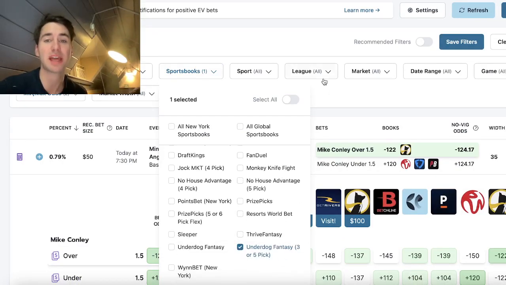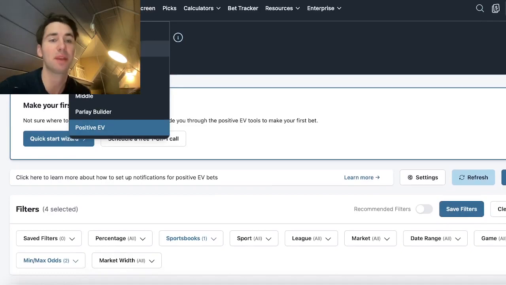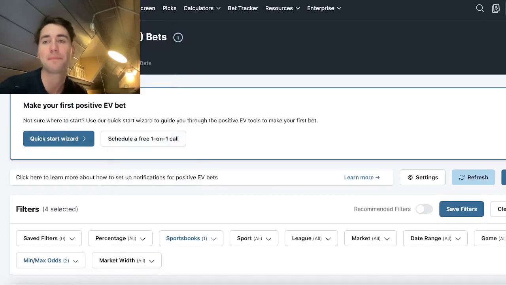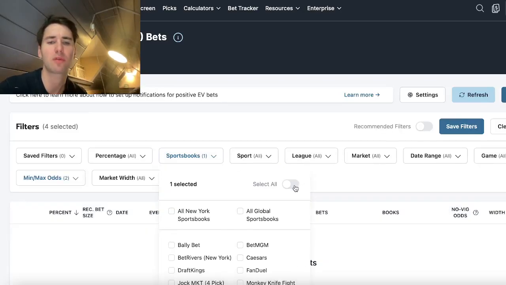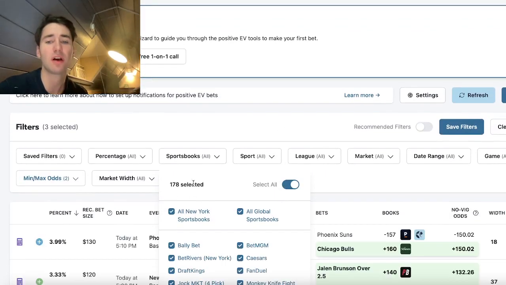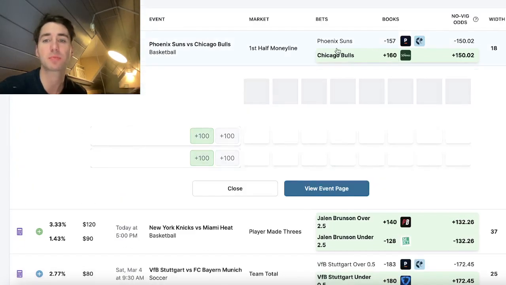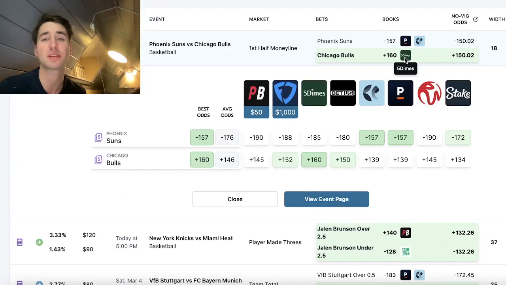Right now I just have Underdog Fantasy selected, but if I open up a new tab and select every sportsbook, which we can do right here, all 178 books on OddsJam, you're going to see, wow, the most profitable play is on 5Dimes. You can get the Bulls plus 160 odds, first half money line. Pinnacle, the sharpest bookmaker, is all the way down at plus 139. Most books aren't even offering above plus 145.